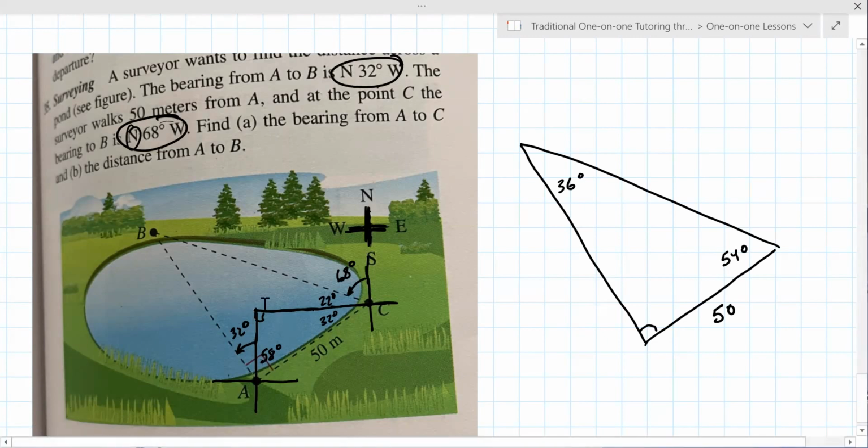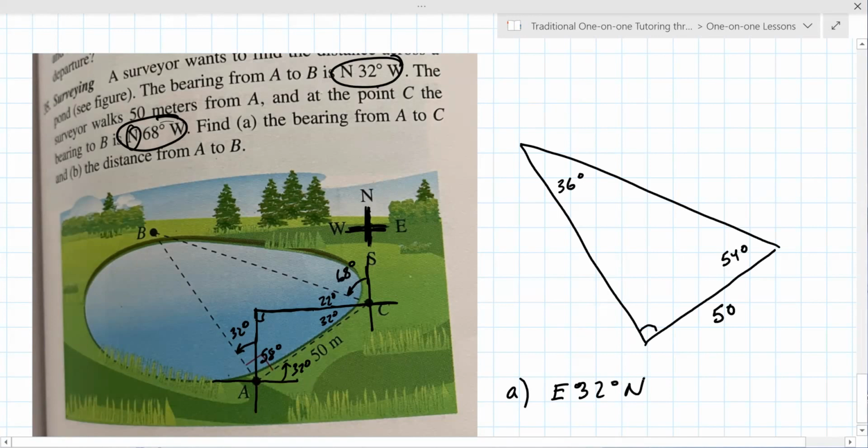So the answer to find the bearing from A to C. Well, that's interesting. Okay, so from A to C, I guess we need this angle right here. Okay, so that angle is 32 degrees. So the correct answer for A is you first go east, right? You see how you're going east, and then you go 32 degrees north.